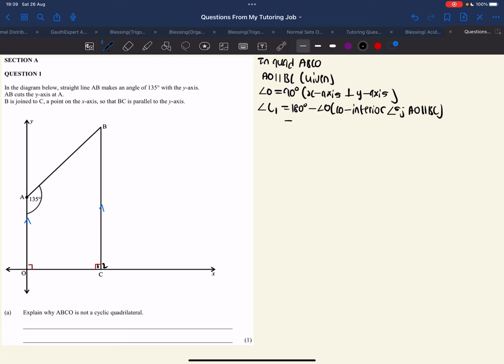If you do that, you basically get that C1 is also equal to 90 degrees.